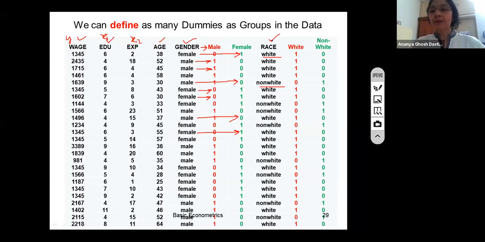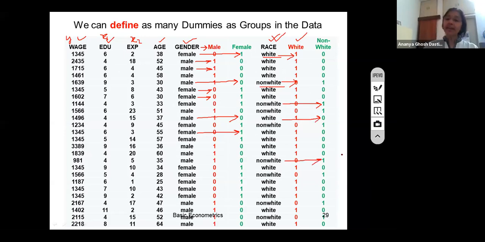So race is a nominal variable, which again I can now turn into a dummy variable. I can define two dummies: white, which is 1 for whites, 0 for non-whites, and in green, non-white, which is 0 for all the whites and 1 for all the non-whites.